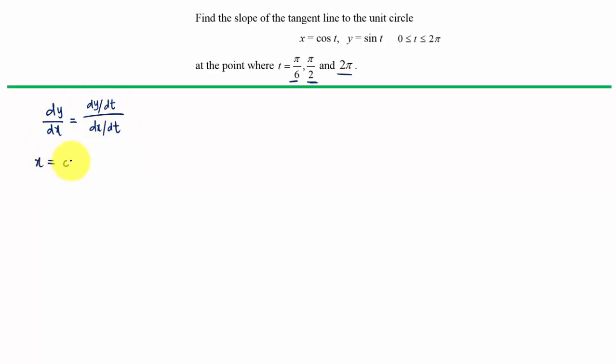So in order to find the slope, first we need to find what is dx/dt. We are given that x is equal to cosine t. Therefore, dx/dt is equal to minus sine t. We are given that y is equal to sine t. Therefore, dy/dt is equal to cosine t.